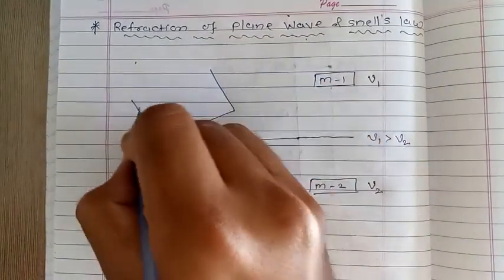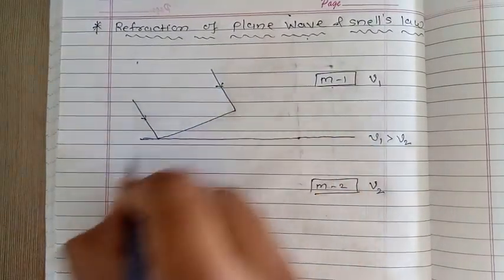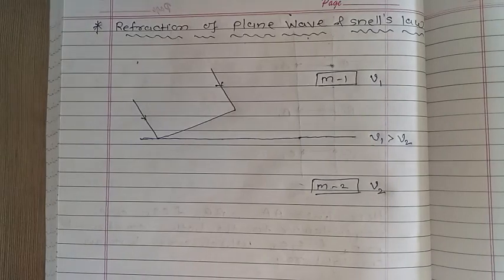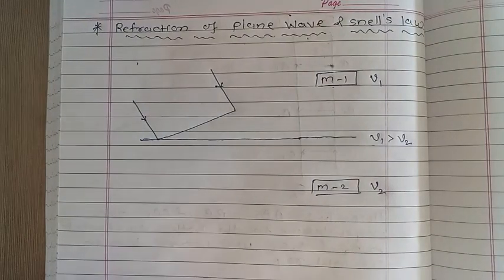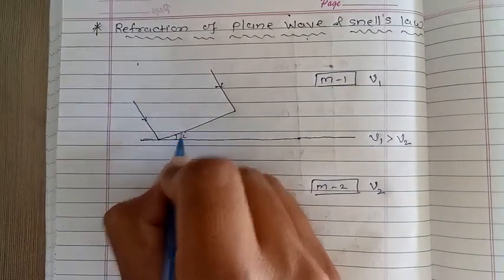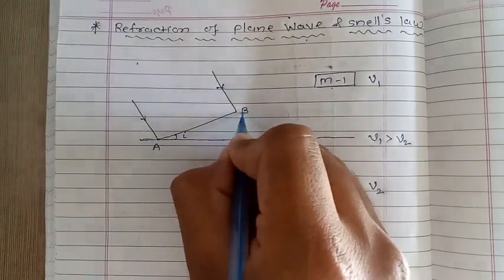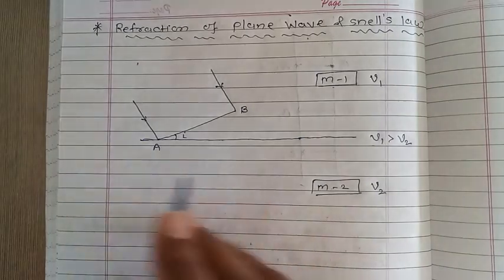Yesterday we already discussed the plane wavefront, right? So this is the plane wavefront in medium 1 incident at angle i on this surface.